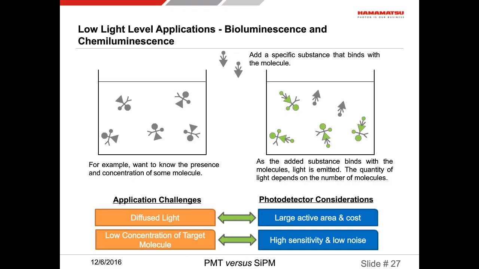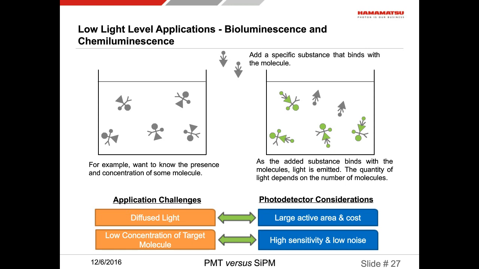Let us now discuss some applications where one would have to make a choice between SiPMs and PMT, because these three applications involve very low light levels. One is bioluminescence, or a related idea of chemiluminescence. Suppose I have a compound whose concentration I would like to detect.